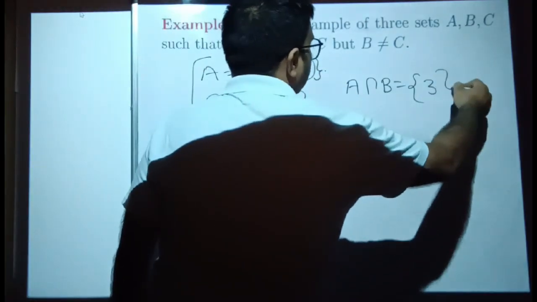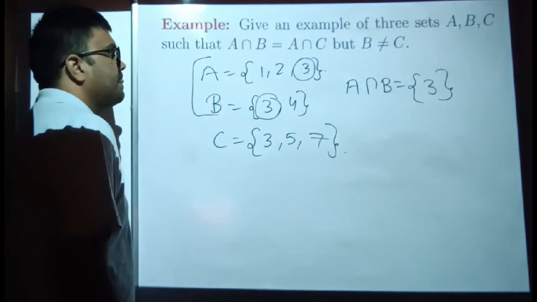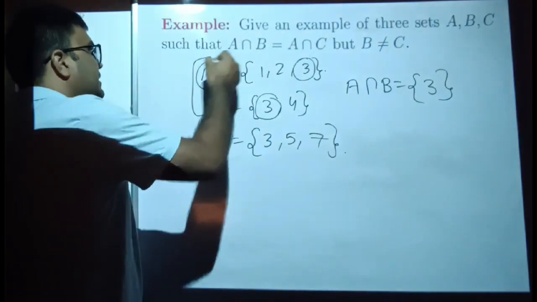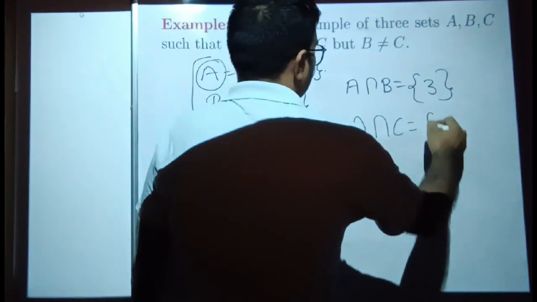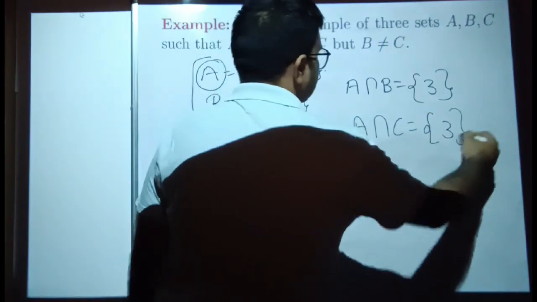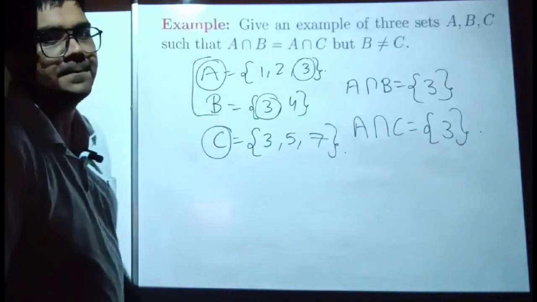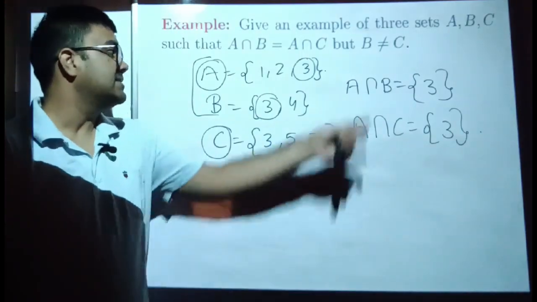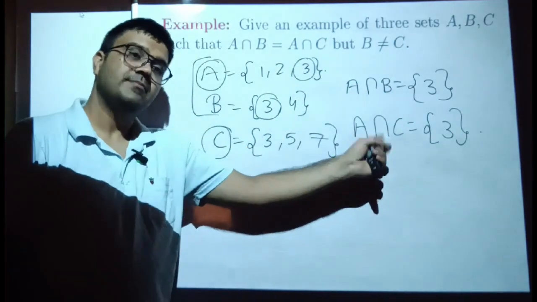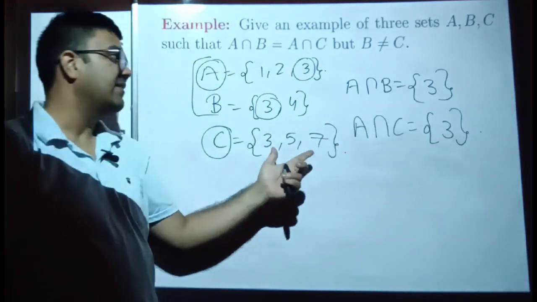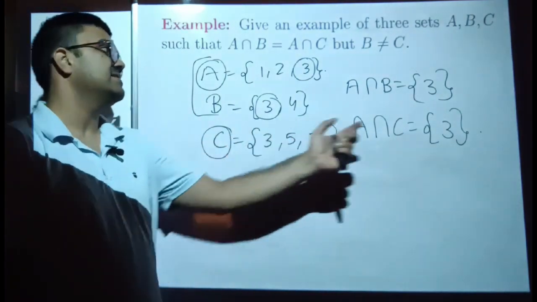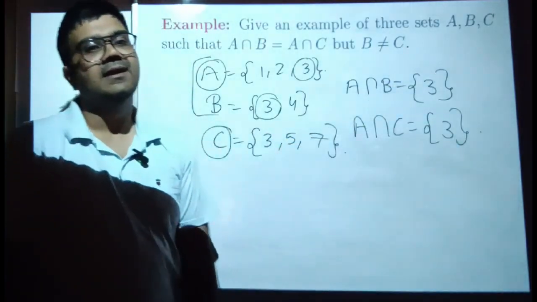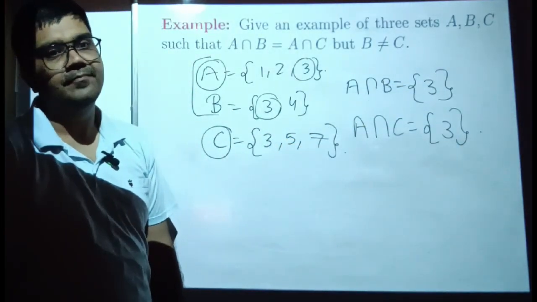The answer we obtain is 3. If we are calculating A intersection C, the only common element we have is 3. Both these sets are equal. Now I hope it is clear to you why we have considered this set C: so that when we calculate A intersection C, the answer we obtain should be equal to A intersection B.